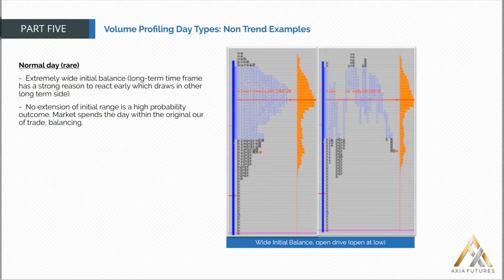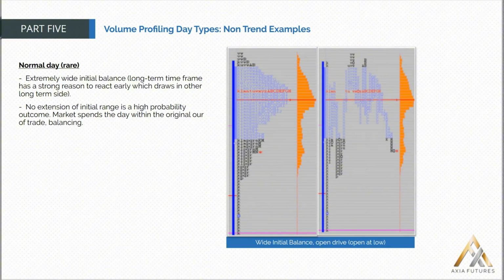Also important to note is the very strong opening tail that the market exhibited. It's quite often that you do see tails on these normal day types. So again, remember, if you see an extremely wide initial balance period, that could be an early clue or an identifier that we are likely to have a normal day type.